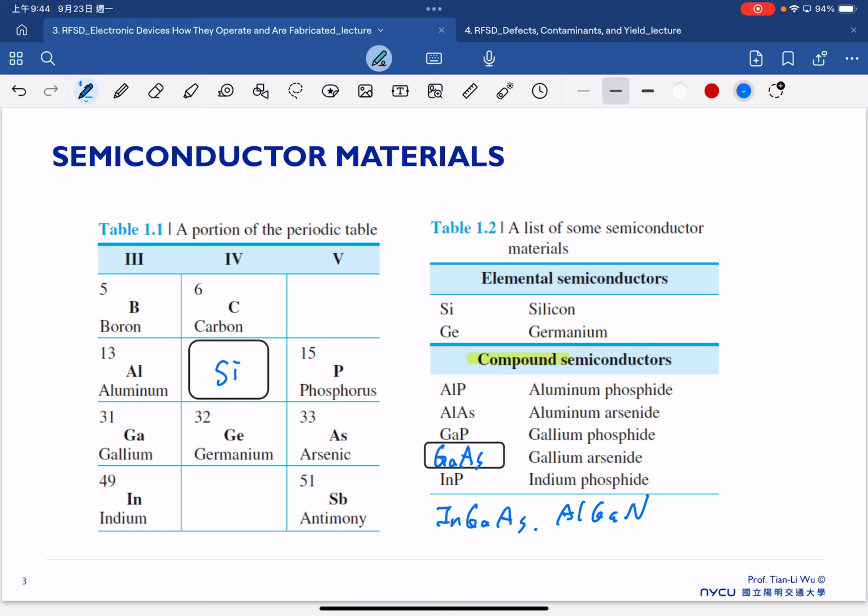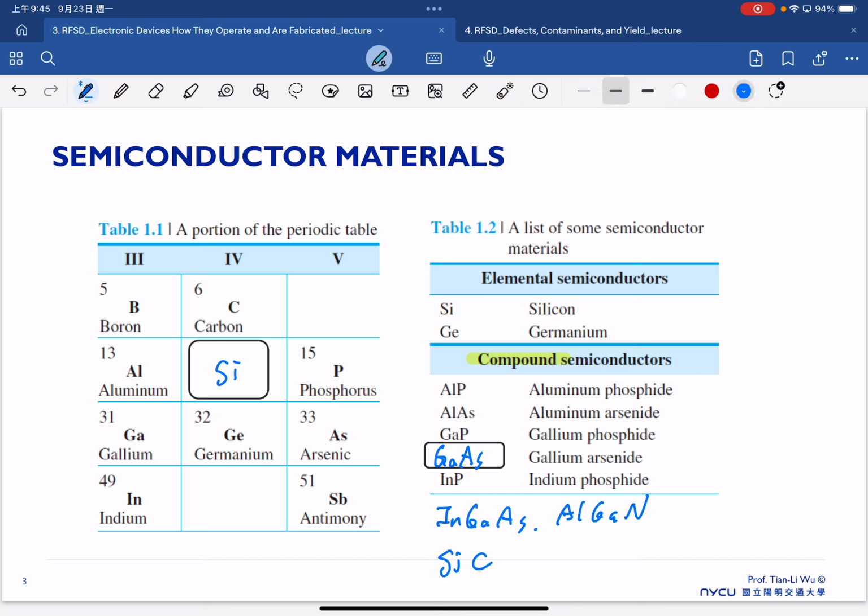lots of applications. And not only does compound semiconductor mean the combination of group 3 and group 5, we can also consider group 4 as a compound semiconductor. If we make a device based on the combination of silicon and carbon, that's what we call silicon carbide.